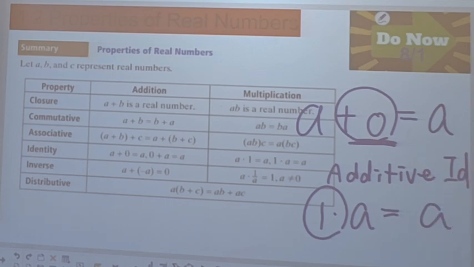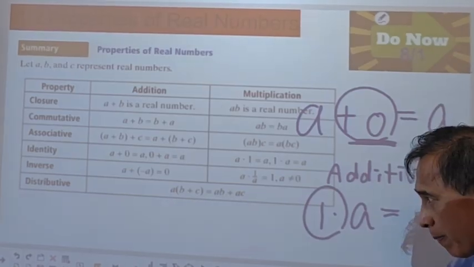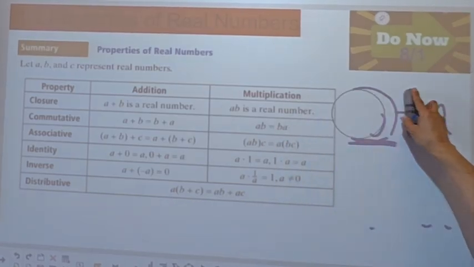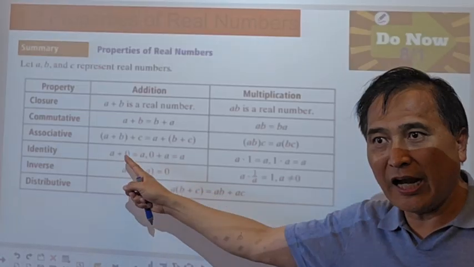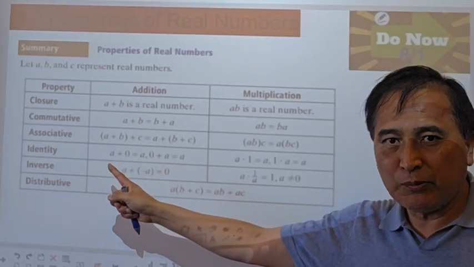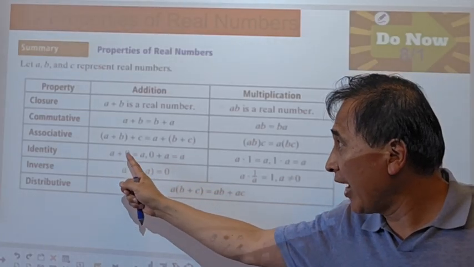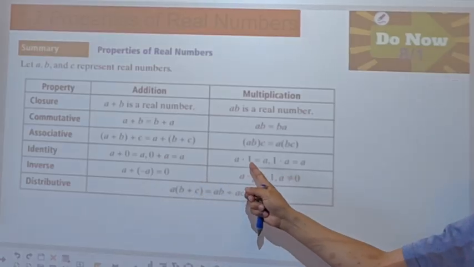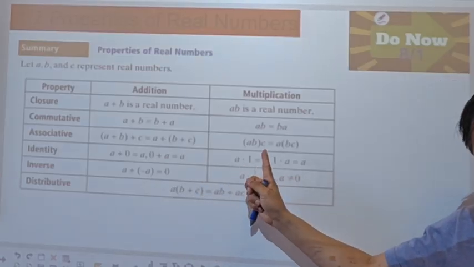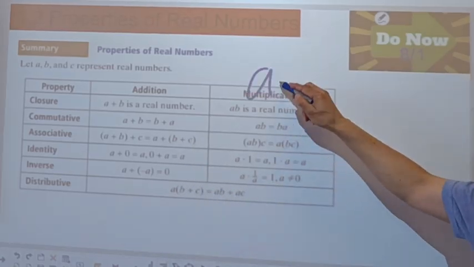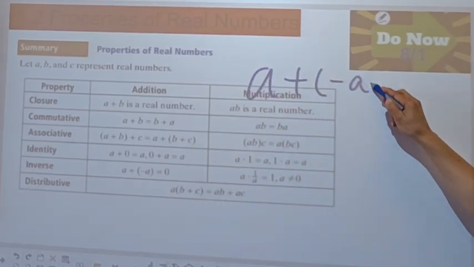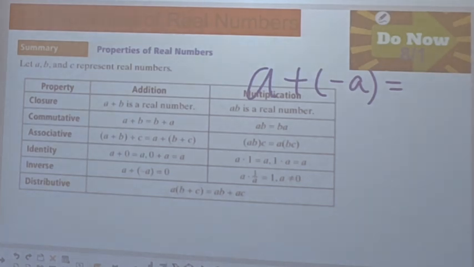Clear? Yes. So if you see 0 in the operation, that's additive identity. And if you see the multiplication with 1, then multiplicative identity. Everybody clear?